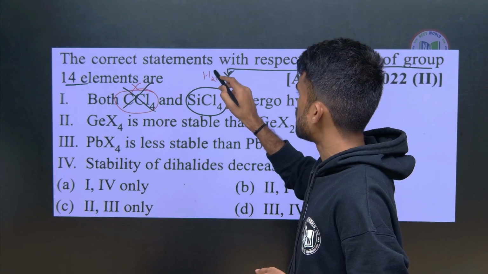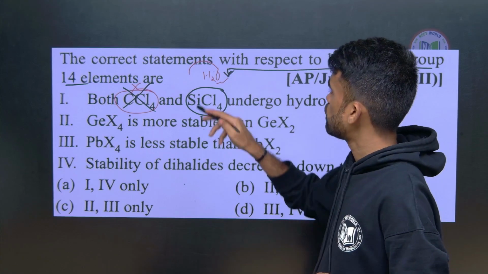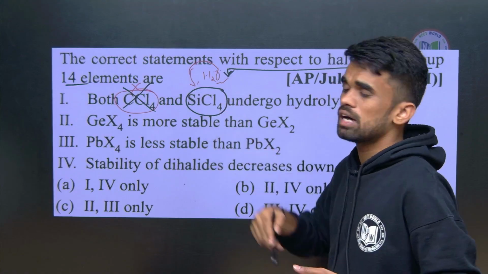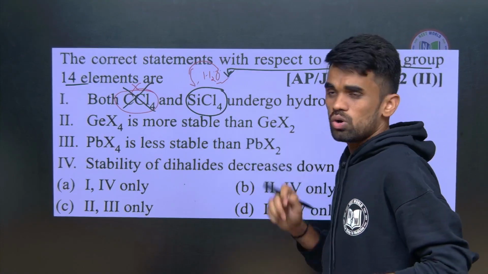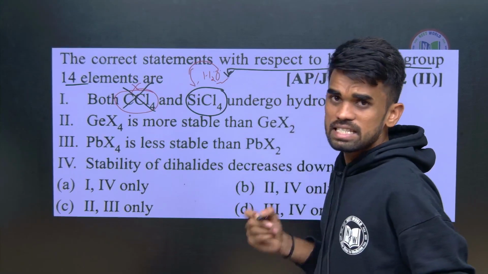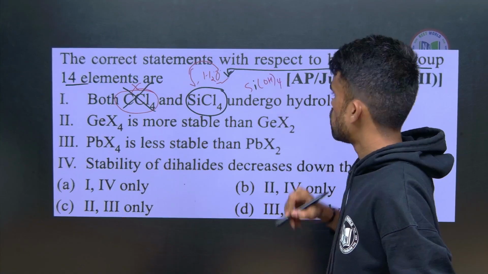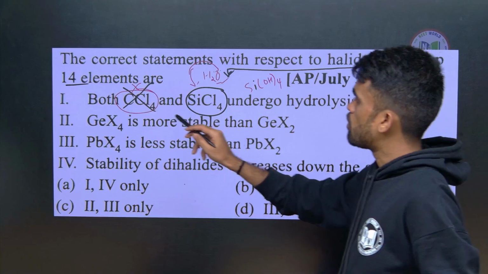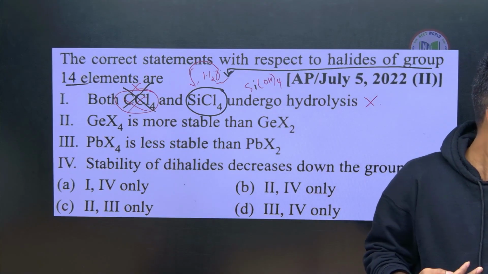Whenever we add water, it acts as nucleophile and the silicon acts as electrophile, and the lone pair electrons of oxygen enter the empty d orbital of silicon so that chlorine goes out. Like that we will get silicic acid, Si(OH)4, as a product. So this is incorrect because CCl4 won't show this hydrolysis reaction.